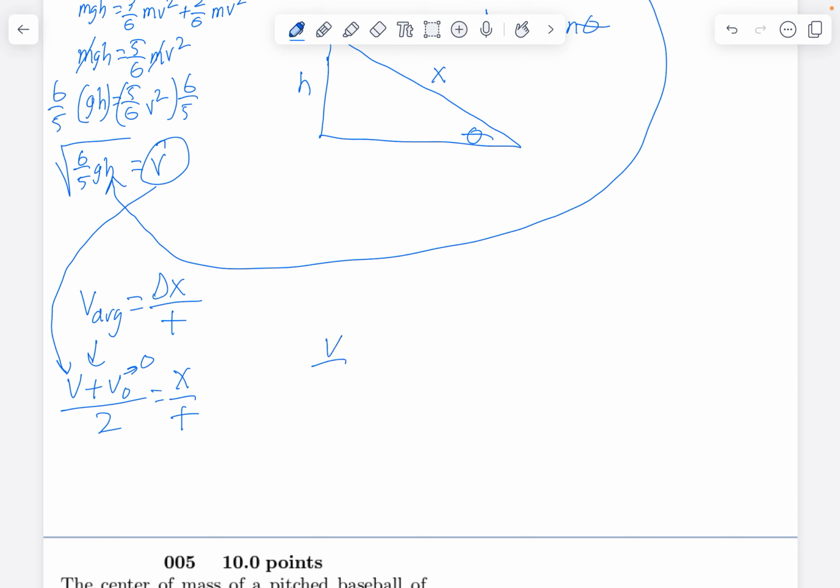So v over 2 is equal to x over t. Solve for time. So I'll just flip it. So that's like 2x over v is equal to t.